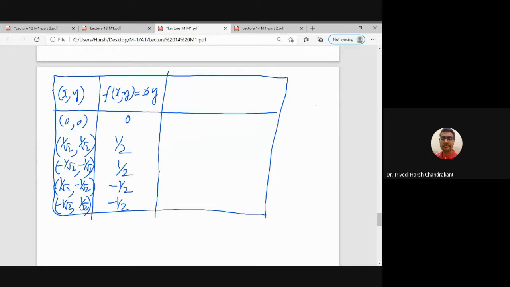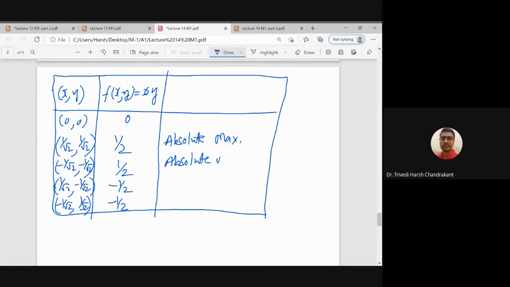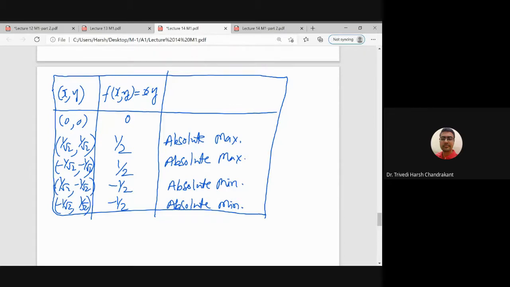Right, so these 2 points are basically absolute maxima. And these 2 points are absolute minima. And at 0, neither absolute maxima nor absolute minima is there.